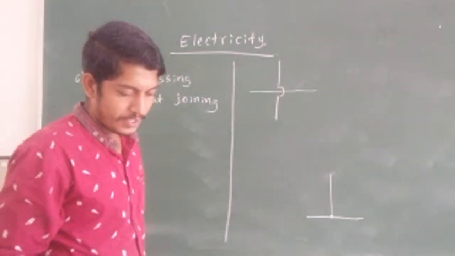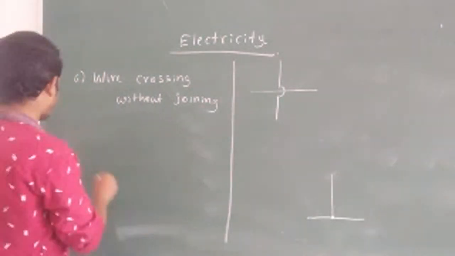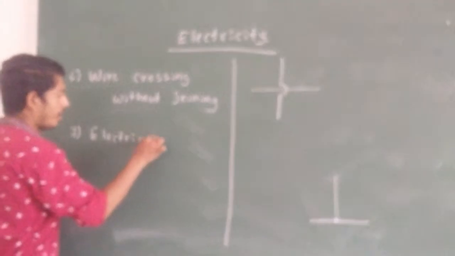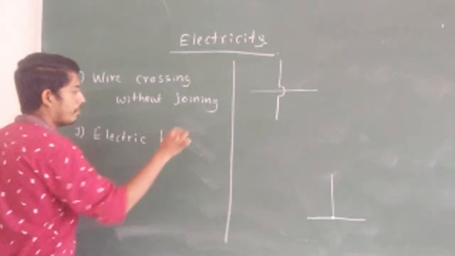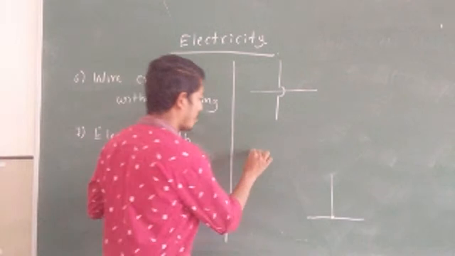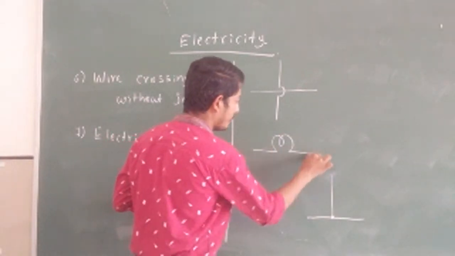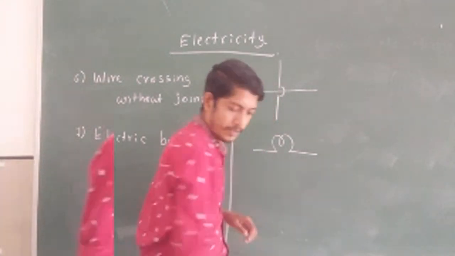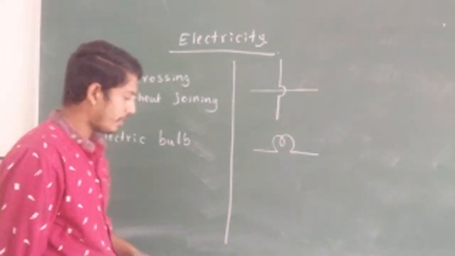The next one is electric bulb. Next one is resistor.